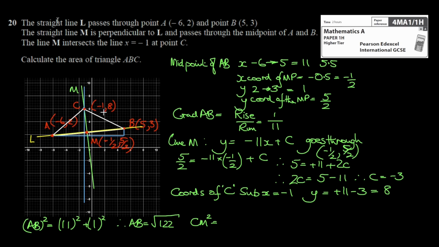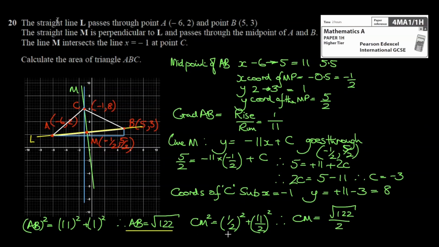The base distance is climbing from -1 to -1/2, so this is 1/2 squared, plus the height difference, which is from 5/2 to 8, which is 11/2 squared. And therefore CM is equal to, if you work that out, the square root of 122 over 2.